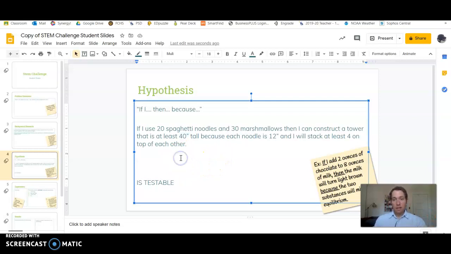That would be if I use popsicle sticks and rubber bands, then I can launch a wad of tin foil 50 centimeters.